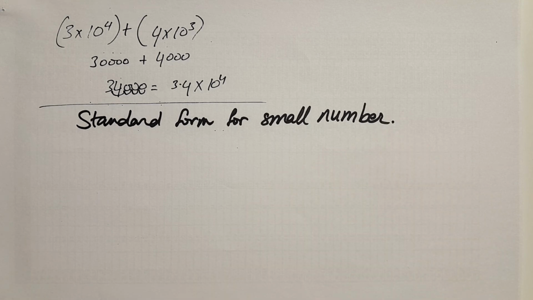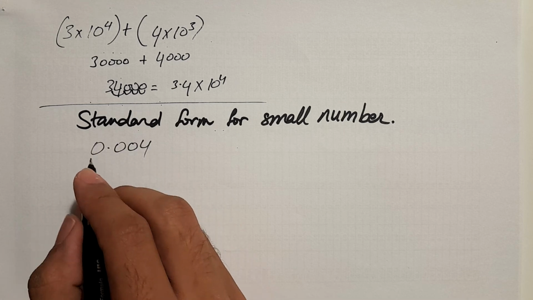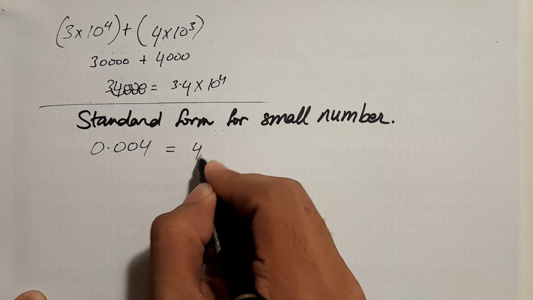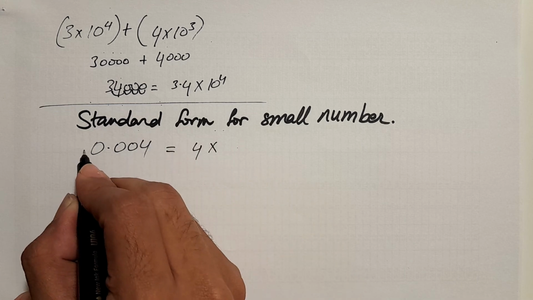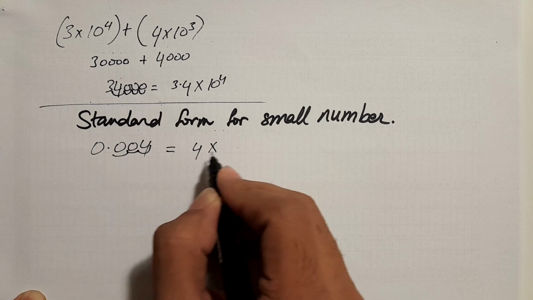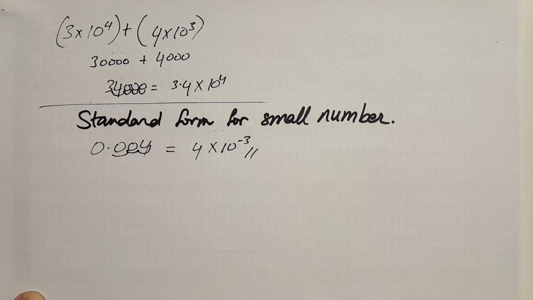So over here, if we have 0.004, in standard form this will be 4 multiplied by 10 to the power of how many times the decimal point has moved to the right. 1, 2 and 3. So 10 to the power of minus 3. So this will be the answer.